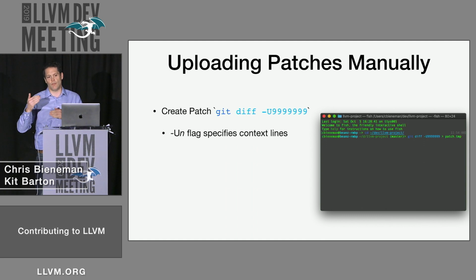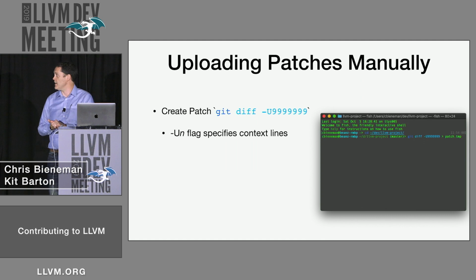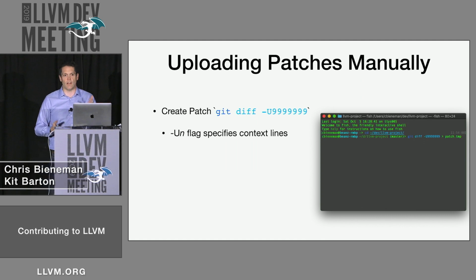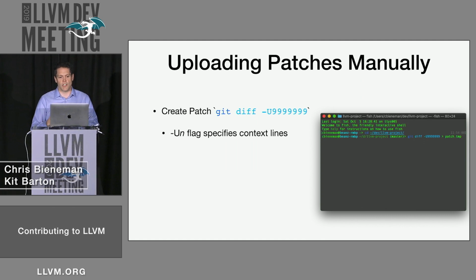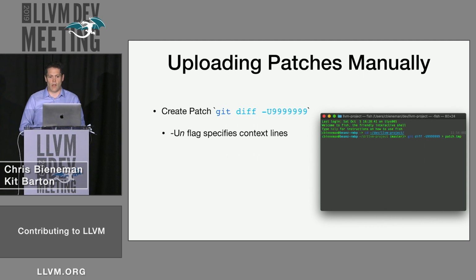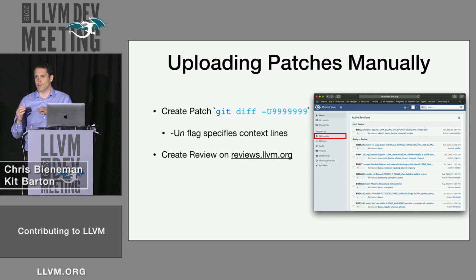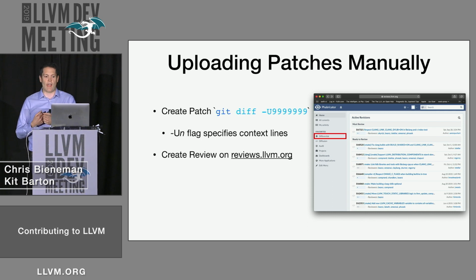And that makes the reviewer's job easier because then it's easier for them to look around the code around the changes that you've made, and if they're not intimately familiar with what's going on there, they have some more context. So generally, you create your patches with this large context, and then you go to Fabricator, you manually create a review, you upload your patch, you add reviewers, and then it gets published.